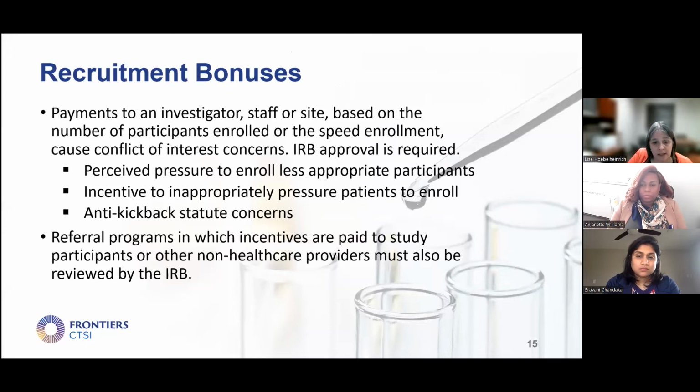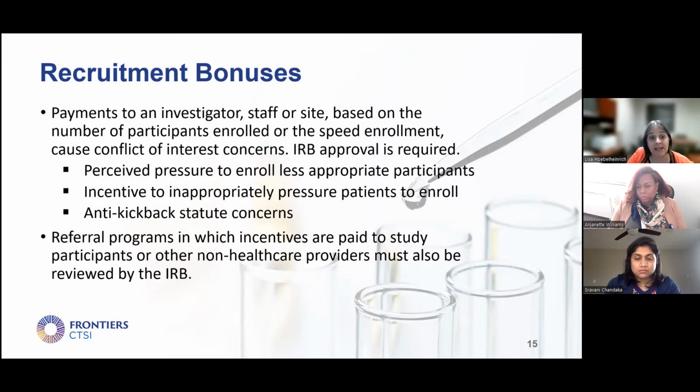Something that we're seeing more frequently, even just in the past year, are sponsors offering recruitment bonuses. And what I mean by that are payments to an investigator or staff or a research site based on the number of participants enrolled or the speed of enrollment. I wanted to mention that those kinds of payments can create conflict of interest concerns, IRB concerns.